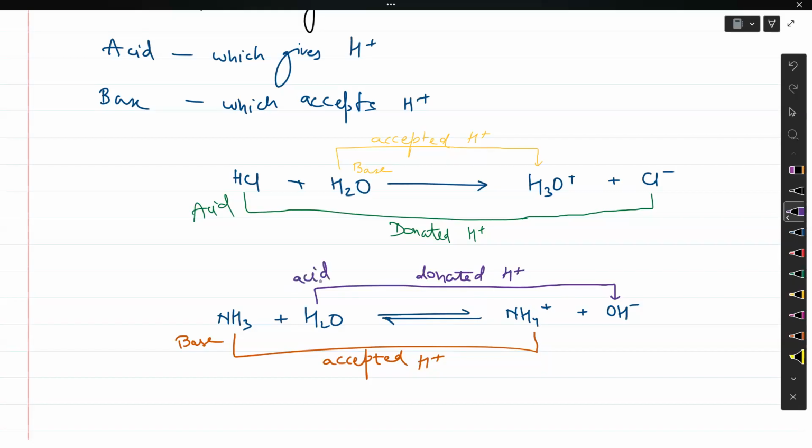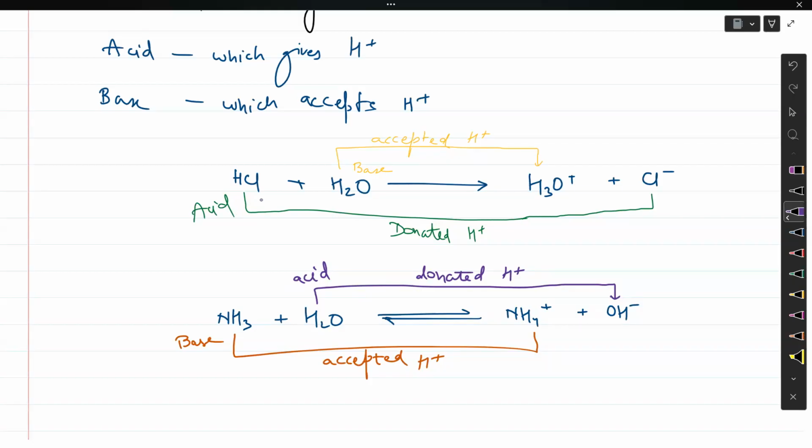So can you see the water is acting as a base one time and acid one time? Yes or no? So this is a peculiar case. If anything is giving H plus in the solution, it is an acid. And if anyone is accepting H plus, it will be a base according to Bronsted-Lowry concept.